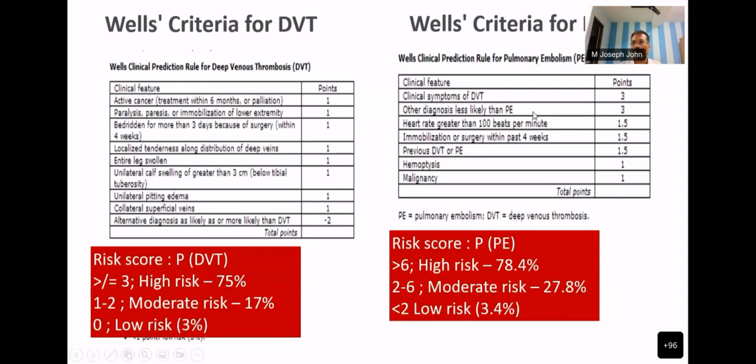You don't have to remember these, but at least understand that there are some criteria to predict somebody to have a DVT if you have a clinical suspicion. So you have classically a patient of unilateral leg swelling with no fever and redness, maybe some calf tenderness, and there may be some superficial veins seen.